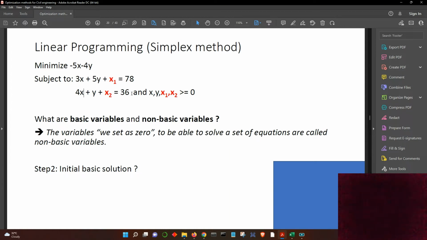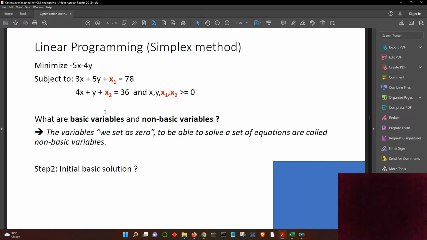We have two equations, so we can solve for only two variables. So we have to manually assign the other two variables some value, transfer them to the right side of the equality sign, and then calculate the value of the other two variables.